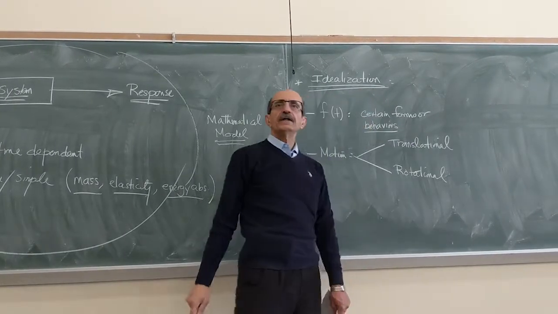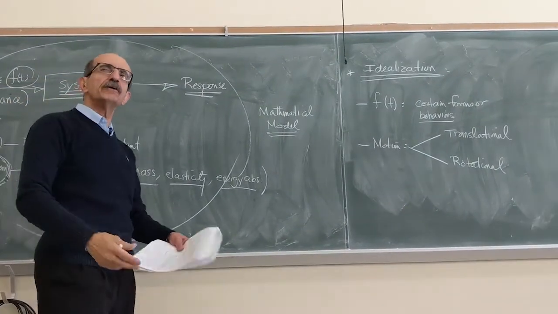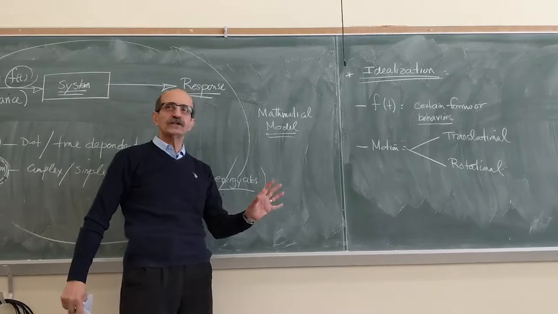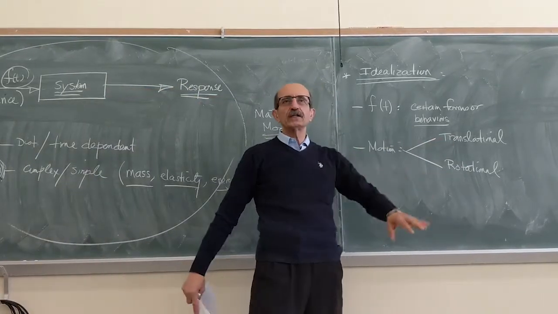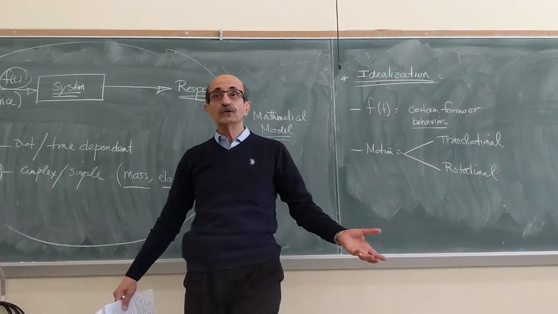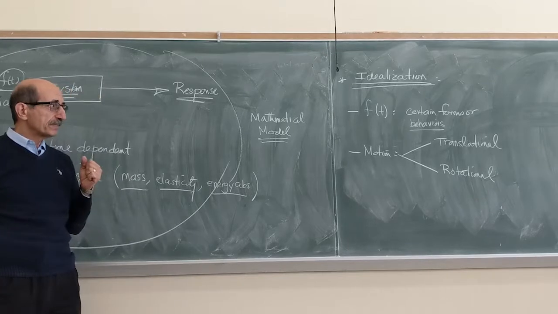Can anybody tell me what is the main difference between a translational motion and a rotational motion? What is important here? In both of them, you're talking about the mass going through some motion, right?